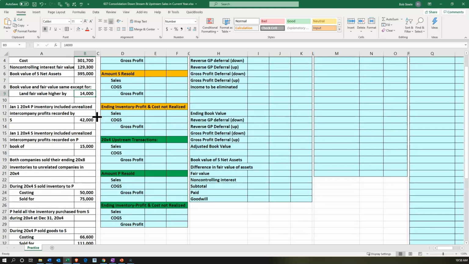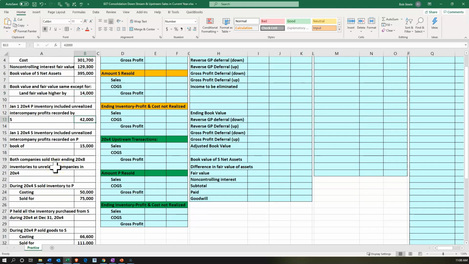Then on January 1st, 20X4, we're going to be doing the consolidation by the end of 20X4. P's inventory included unrealized intercompany profits recorded by S of 42,000. In other words, in prior years, most likely 20X3, there was a sale from S to P, and so now P has this inventory on its books of 42,000 as of the beginning of the year.